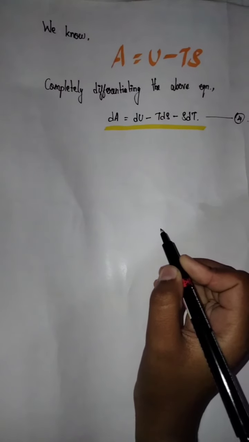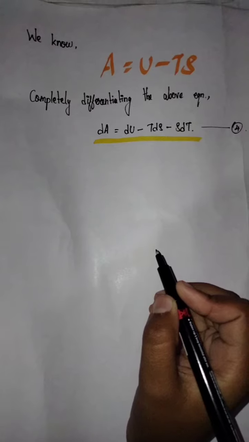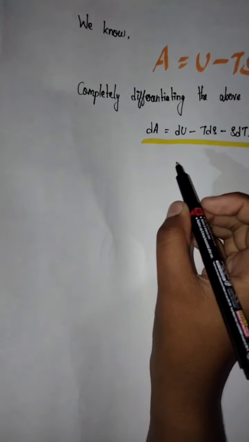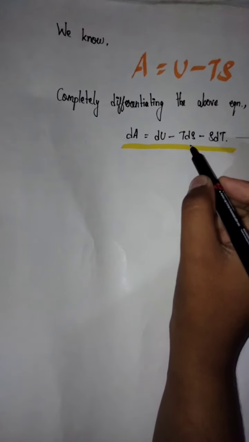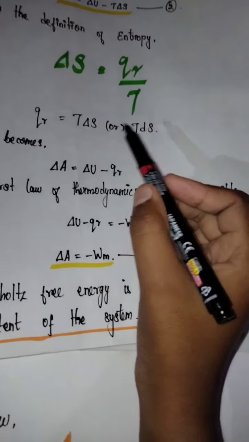And we know that TdS is equal to Qr, from the definition of entropy.